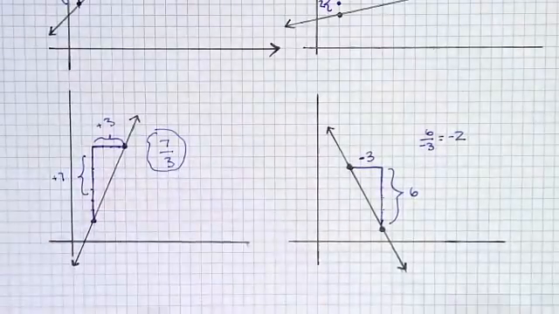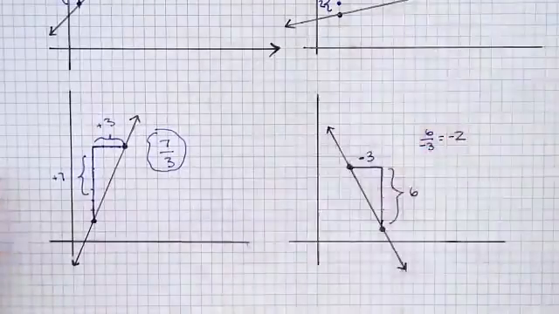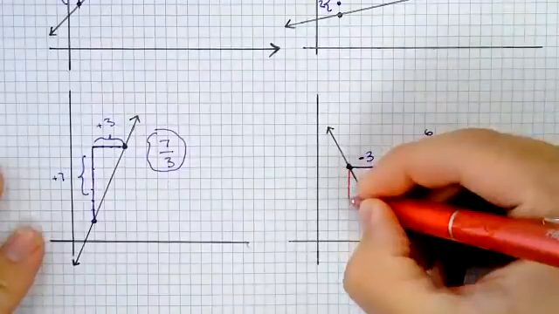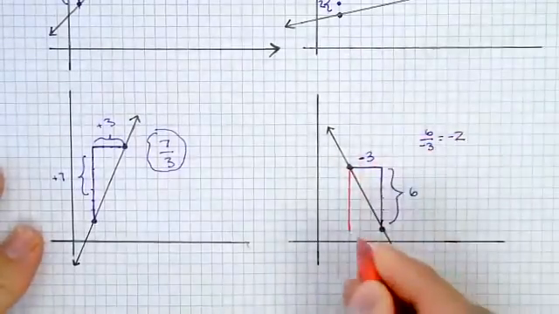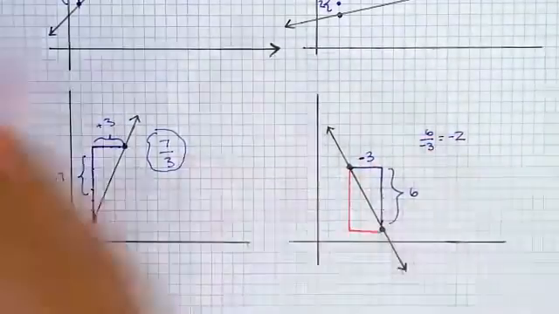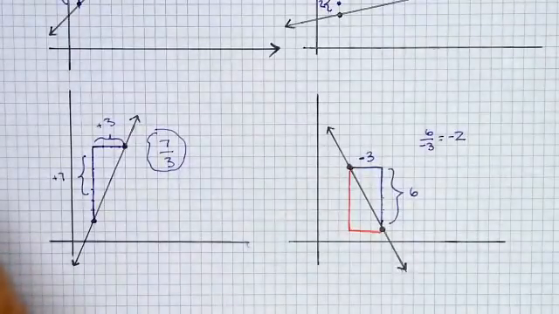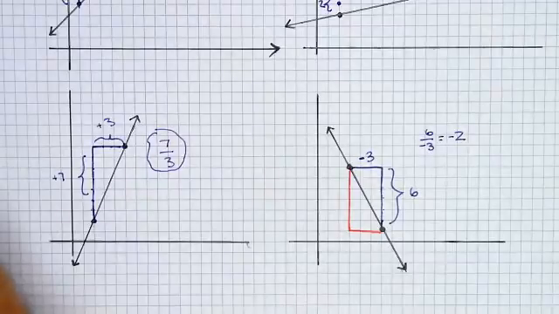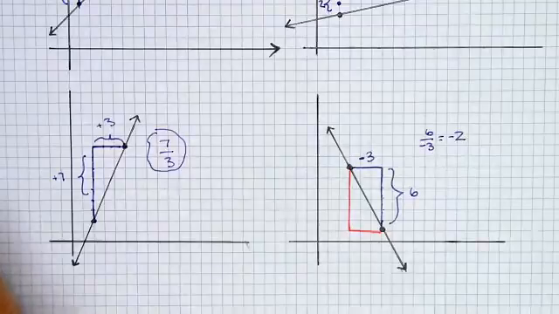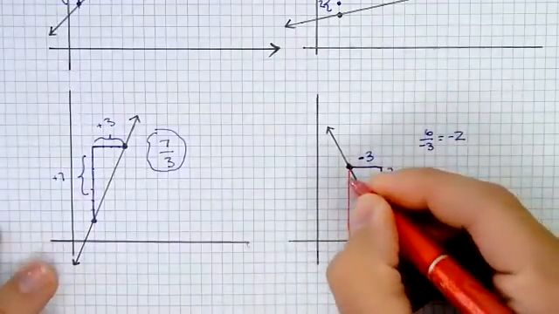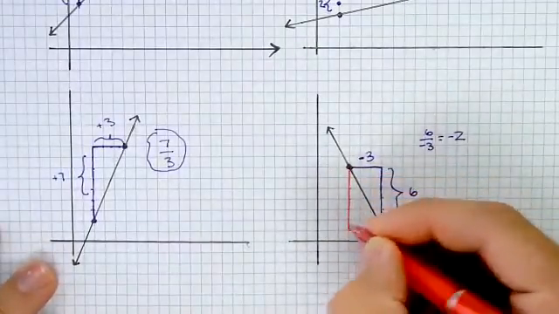Okay, so one thing that's important to notice, and you could have done it on any of the examples we've done so far, is if you made your slope triangle on this side, you should get the same answer. Because as I go from this point to this point, I'm going down 1, 2, 3, 4, 5, 6.